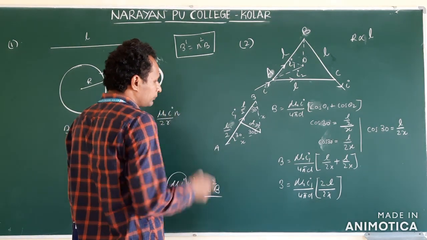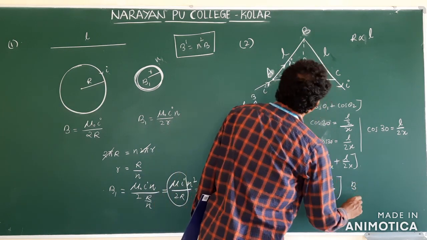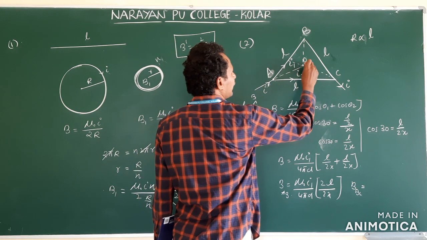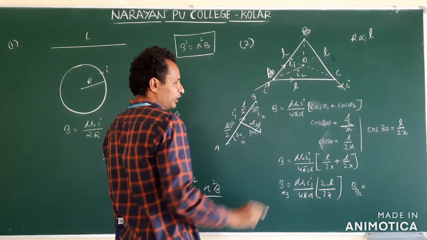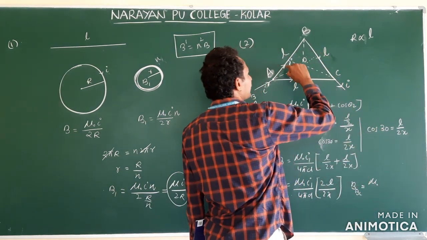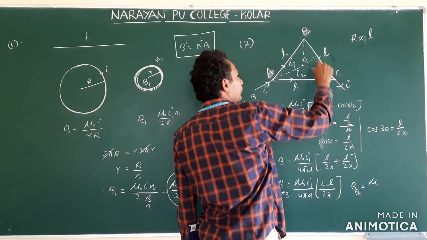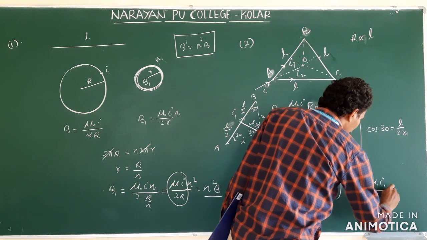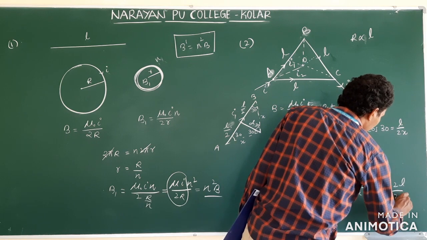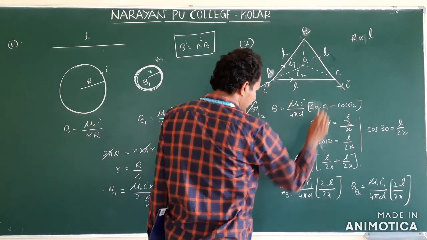Okay? Clear? This is for which conductor? AB. And now BC. The BC conductor also remains the same. It is an equilateral triangle, so again you will get the same value. Then mu naught, what is the current passing through this conductor? The same I1 current passes from A to B, then B to C. Then this is mu naught I1 by 4 pi d times 2L by 2x. What about AC?